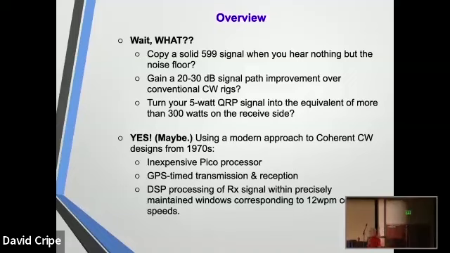But in my experience and knowledge, you can't do that with CW, or at least very easily. It's not proliferate. So it's going to be able to turn that 5 watts that we have into something much bigger on the receiving end. But we're going to do it in ways that are different.